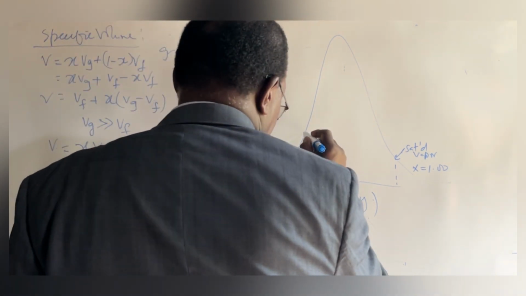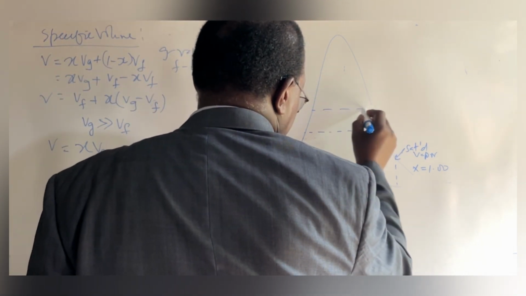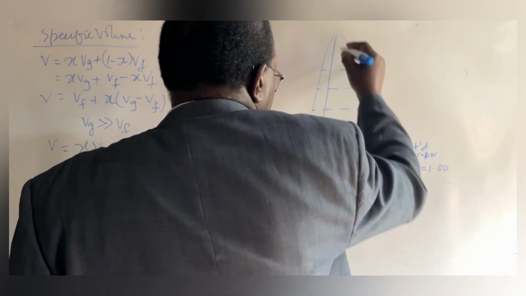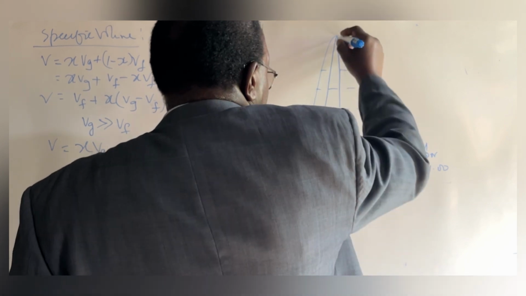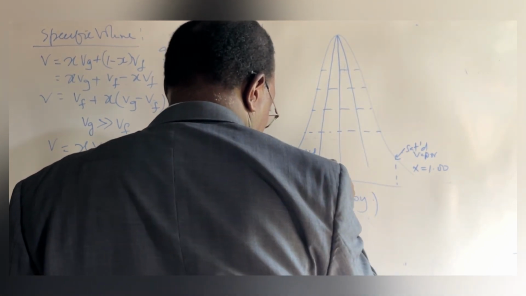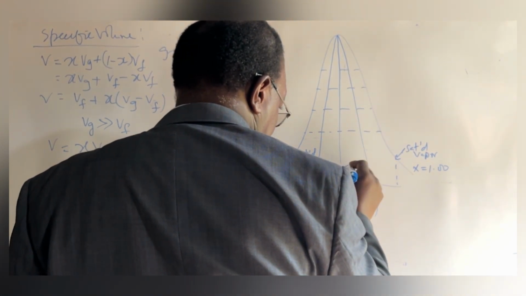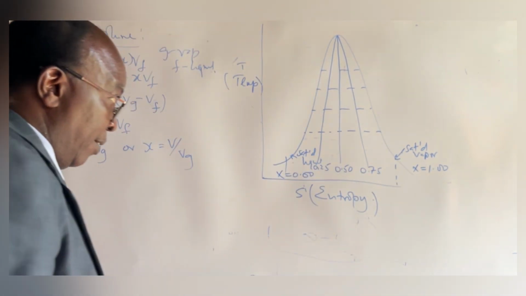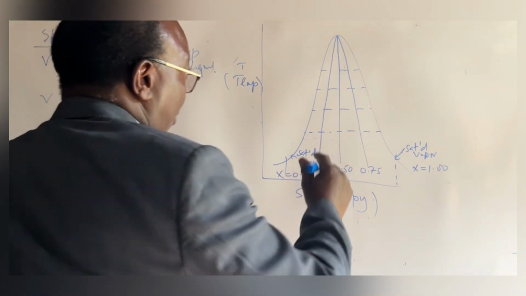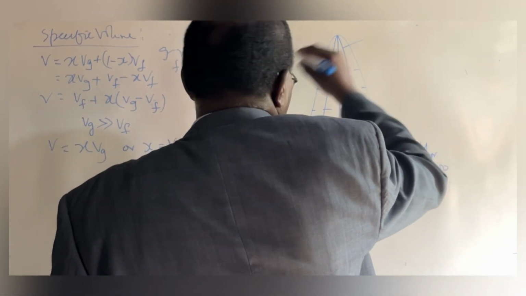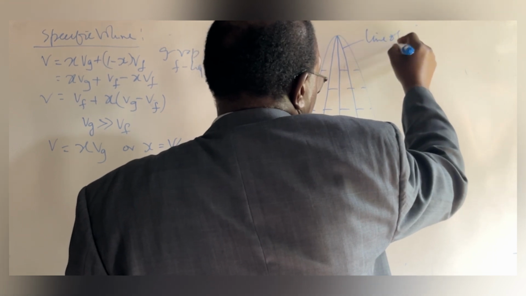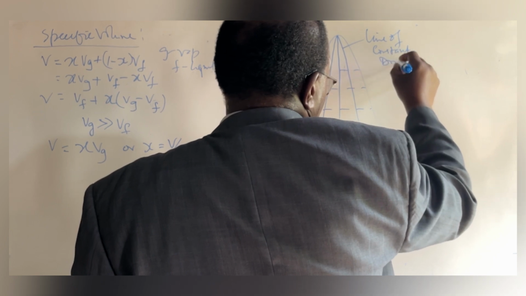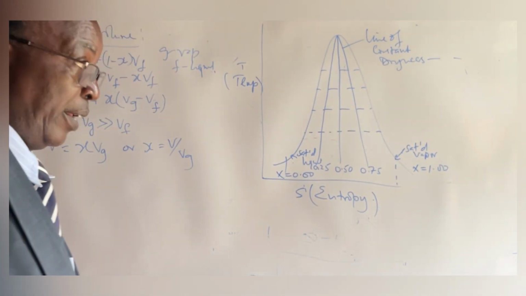And so if we take the values at different temperatures and mark those points, then we will find the lines of constant dryness, corresponding to 0.25, 0.50, and 0.75. Then of course we have the one for 1. Right? That's the line of constant dryness. Because the dryness fraction is a very important first note.